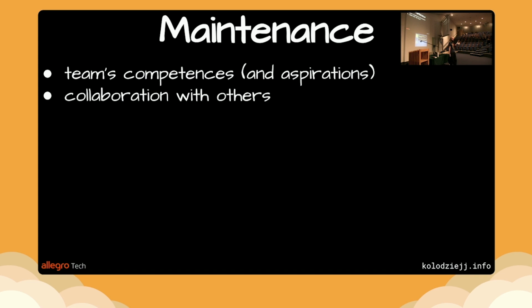Think about collaboration. Usually, your team maintains the team's code, but there are sometimes cases where you are collaborating with other teams. My team is only one of many in Allegro, and mostly we are maintaining our own modules, our own components.